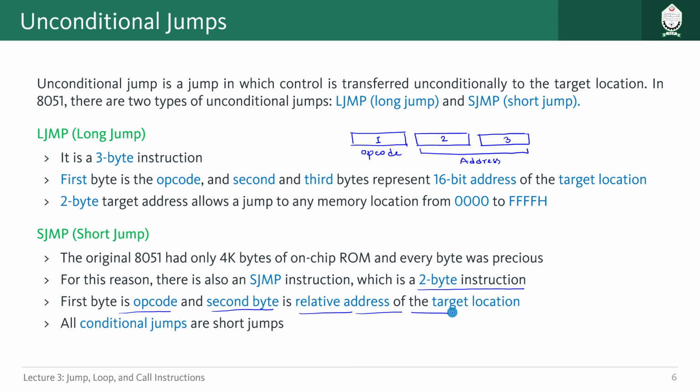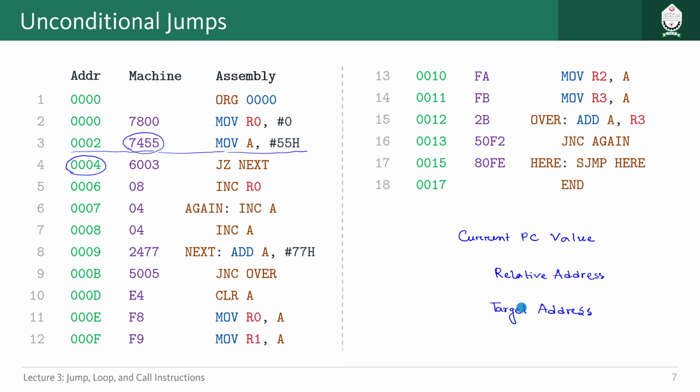So that 8 bits can represent a maximum of 2 to the power 8, which is 255, so 0 to 255 is the range. You could move 255 lines forward from the current location, but in the reverse direction you would have no scope to go. That is not very useful.